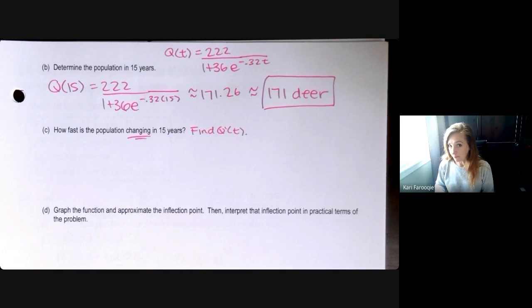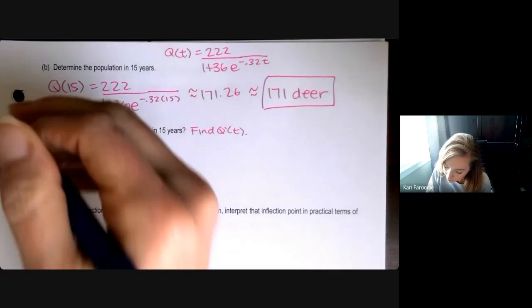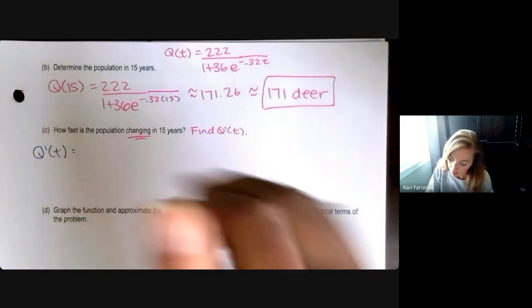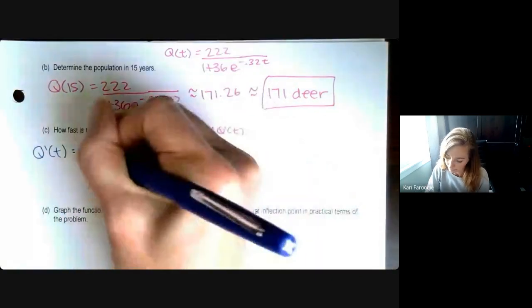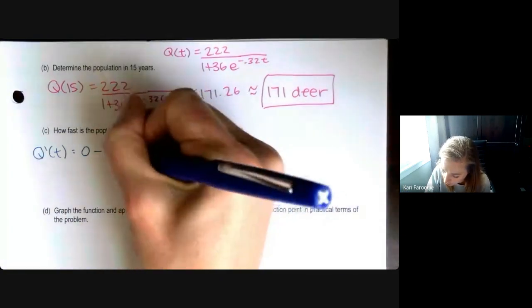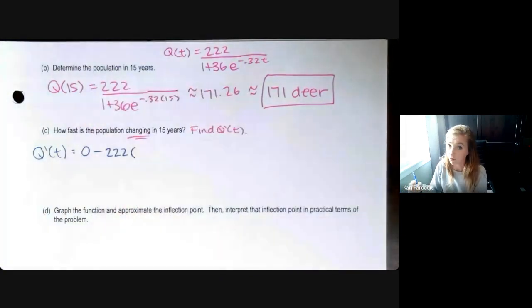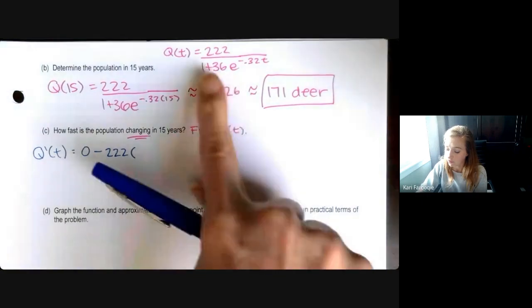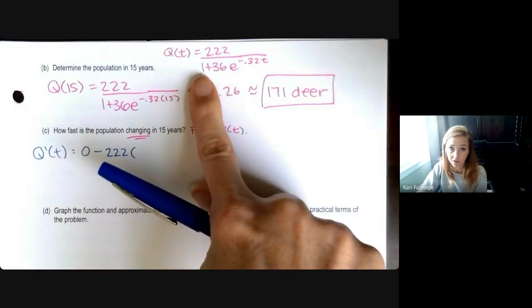Find Q prime. I'm going to use the quotient rule. F prime is 0. So F prime G, doesn't matter what G is. I'm not going to bother rewriting it because it's going to 0 out anyway. Minus F times G prime. So the derivative in the denominator, well, the derivative of 1 is 0.